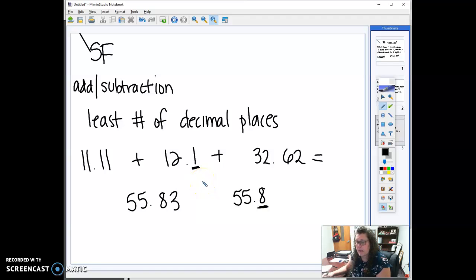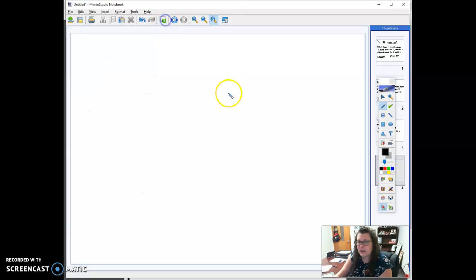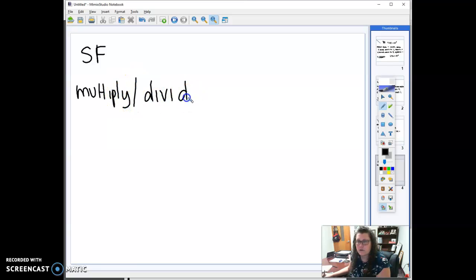However, when I multiply and divide with significant figures, it's a little bit different. I go with the least number of significant figures, regardless of decimals.